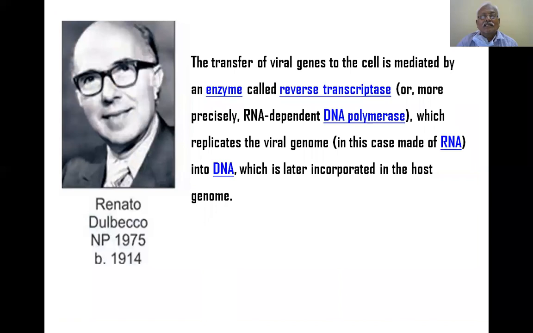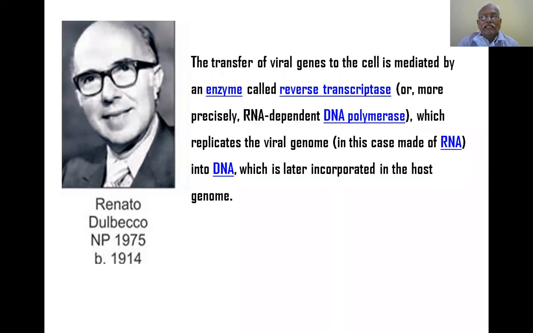So this is RNA-dependent DNA polymerase. That is the full name, based on the activity, RNA-dependent DNA polymerase, or simply reverse transcriptase is the name given to this RNA-dependent DNA polymerase.